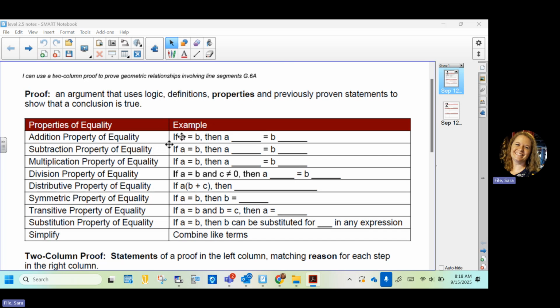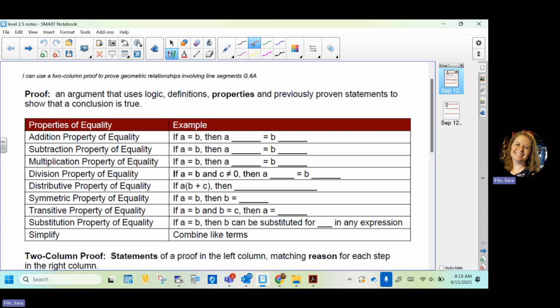When you have an equation, A equals B, you have a left side equal to a right side. If you add something to one side, what do you have to do to the other side to keep it balanced? If you add it to one side, you add it to the other. What you do to one side, you do to the other is the rule. It doesn't matter what we add.